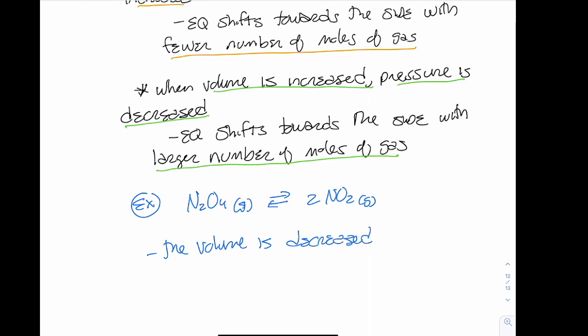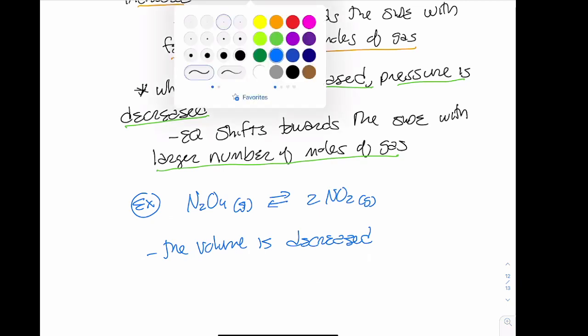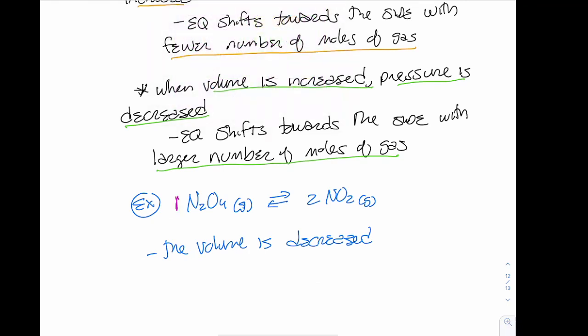Remember, this time we want the side that has less moles of gas. And if we look, there's a 1 here. So this side I have 1 mole of gas. On this side, I have 2, not 3, I can count. There's a 2 here, 2 moles of gas.